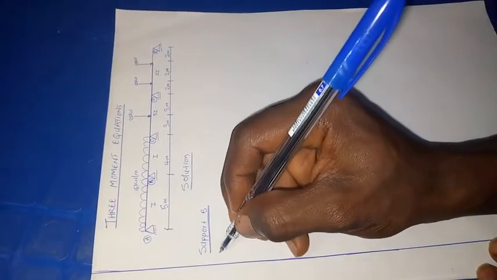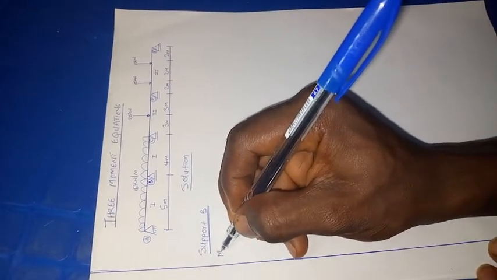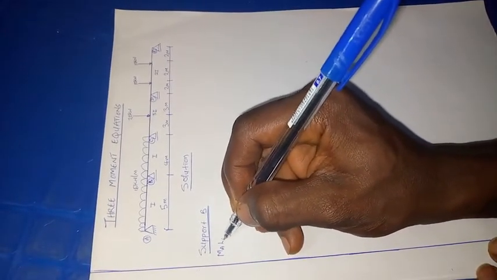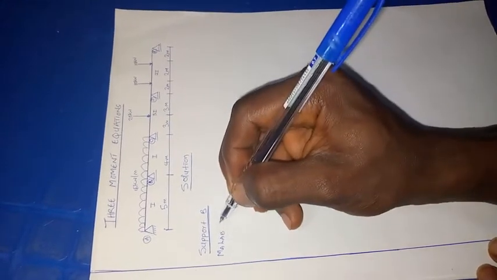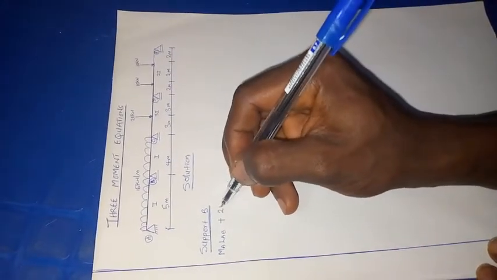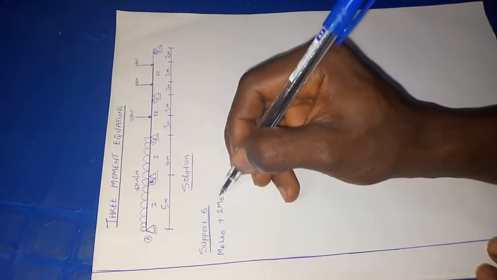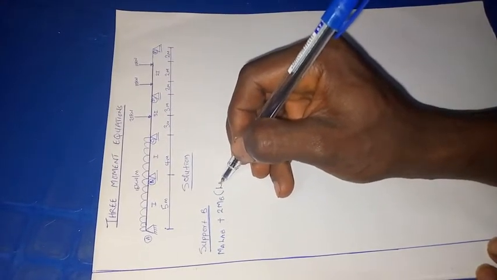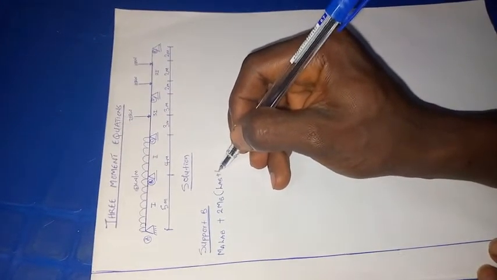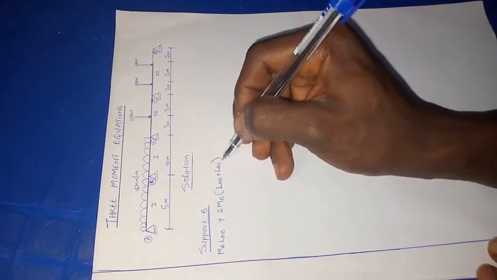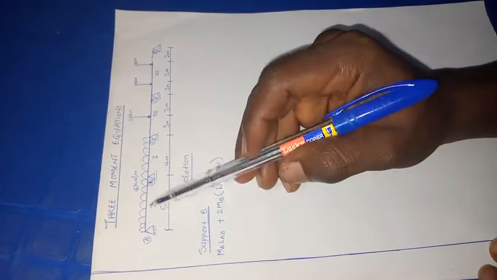Generating my equation at support B, I'll have moment at A multiplied by the length of A to B, plus 2 moments at B multiplied by the length of A to B plus the length of B to C. It's very simple to memorize this formula.